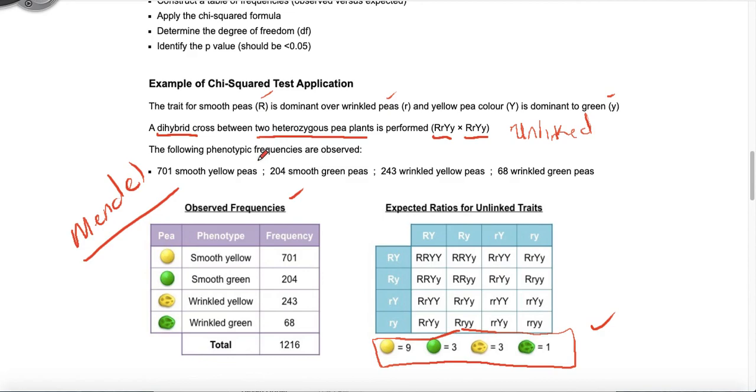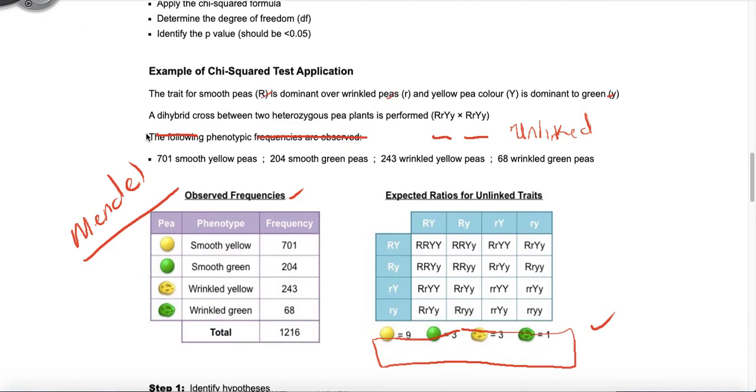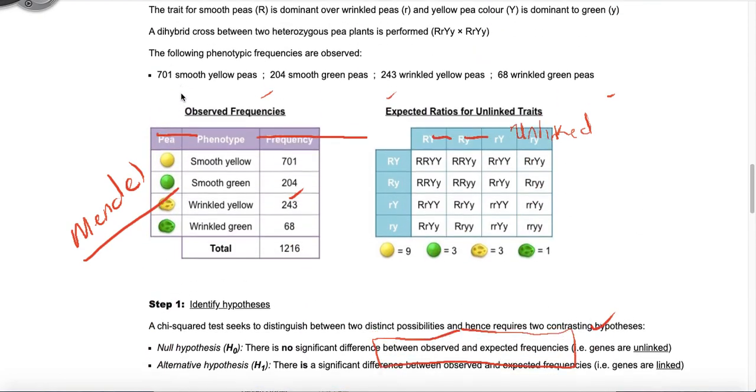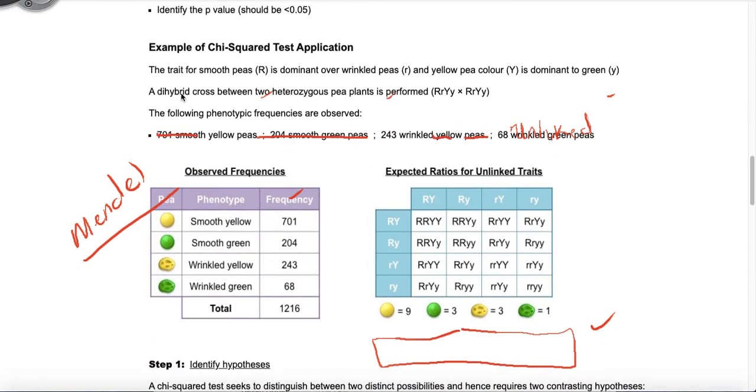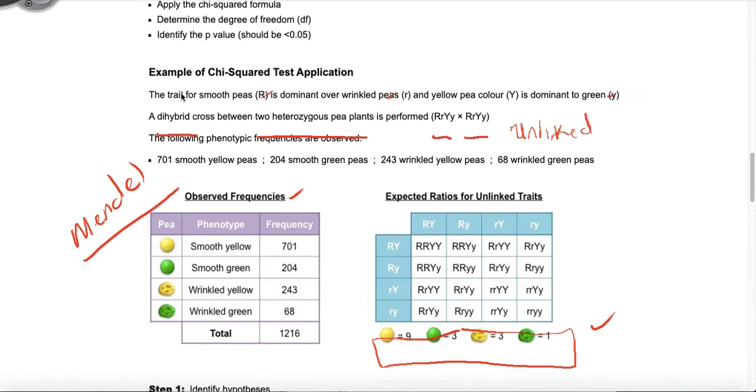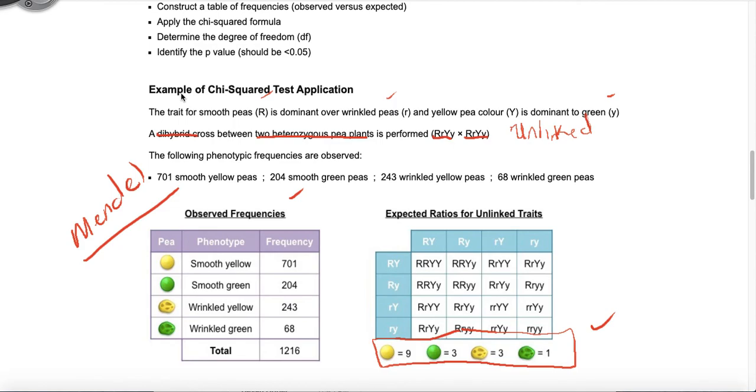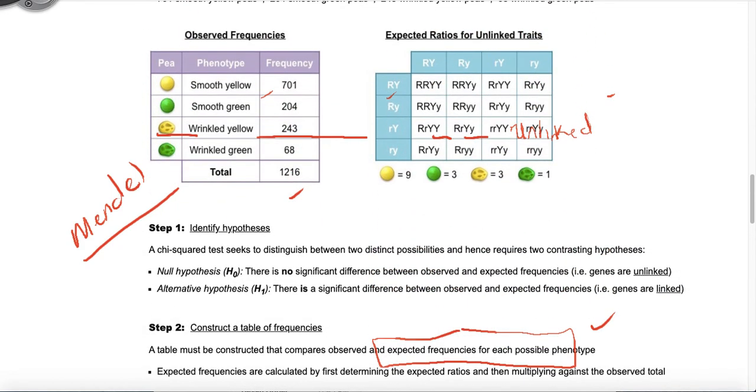But he used the Pisum sativum plants, and this is what he observed, okay? So if we want to run our own experiments and compare Mendel's expected phenotype ratio, which is 9:3:3:1, to what we observe, then we do a chi-square analysis.